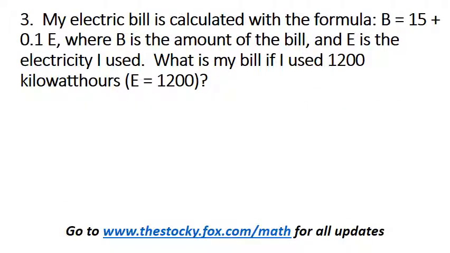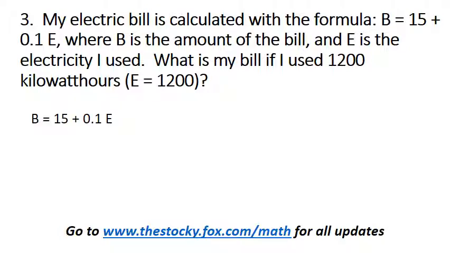Question number 3. My electric bill is calculated with the formula B equals 15 plus 0.1 E, where B is the amount of the bill and E is the electricity I used. What is my bill if I used 1,200 kilowatt hours, or if E equaled 1,200?